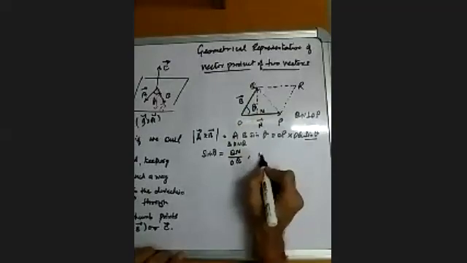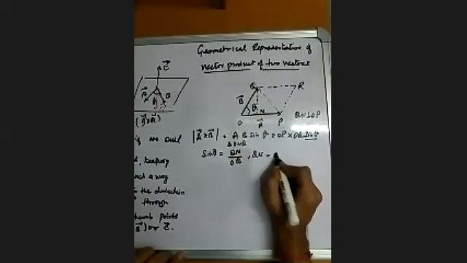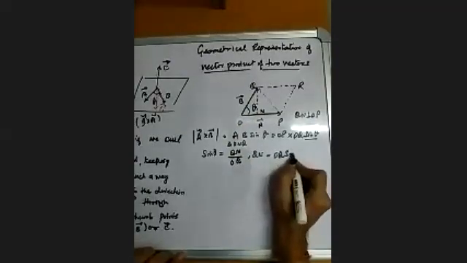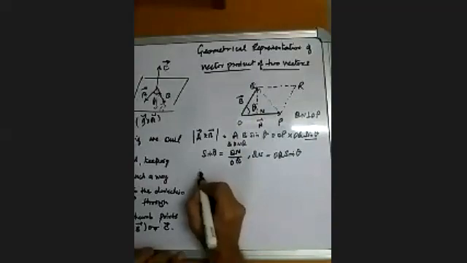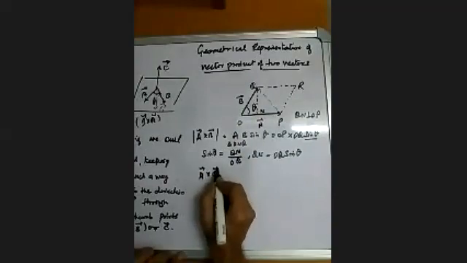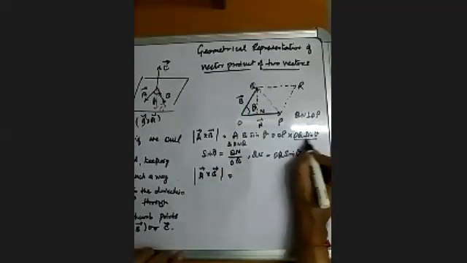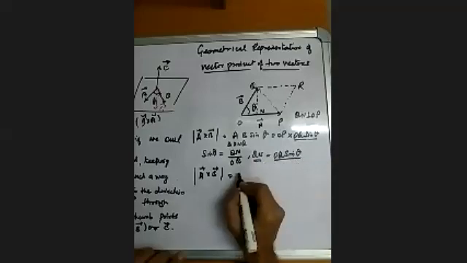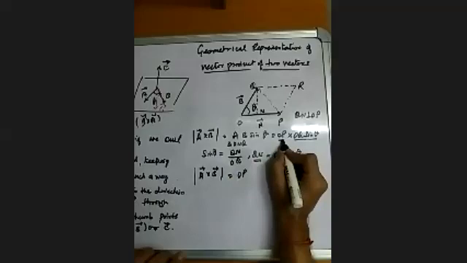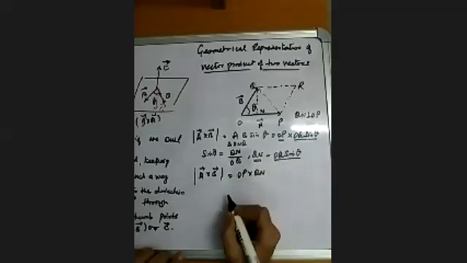Therefore, QN is equal to OQ sine theta. So the magnitude of vector A cross vector B is equal to OP as it is, and instead of OQ sine theta, we write QN.